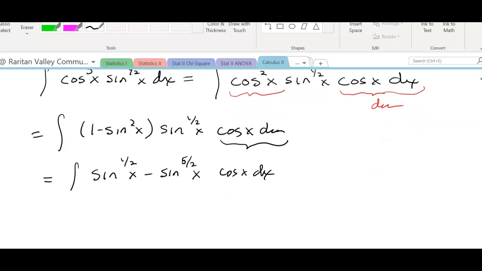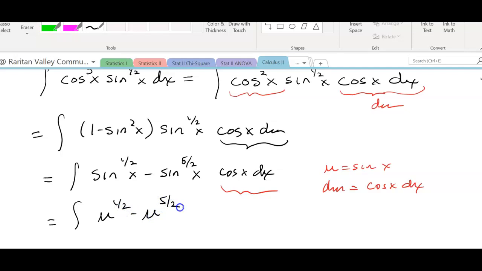This will now work out as a nice u-sub problem, right? We already know that's du, so we're going to let u equal just plain old sine x. The derivative of sine x is cosine x dx. So I can rewrite it as the integral of u to the 1/2 minus u to the 5/2 du.